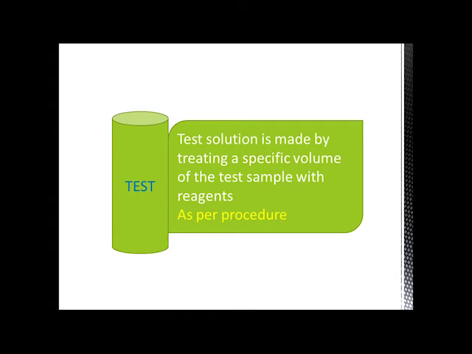Next is the test. The test solution is made by treating a specific volume of test sample with a particular reagent as per the procedure. Different chemicals or different procedures are used for that.